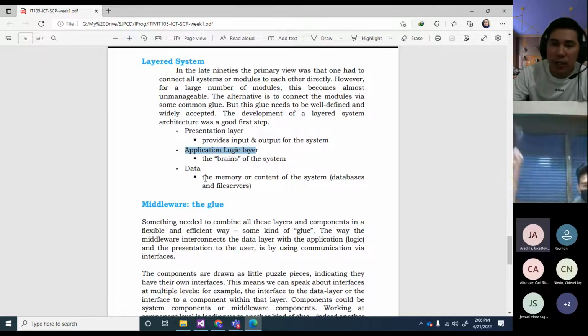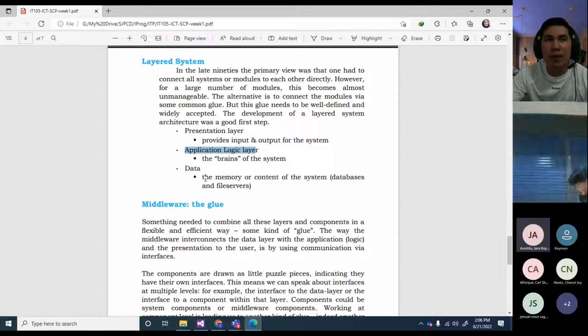And of course, we all know what data is. Data are the raw facts. Usually these are stored in databases or flat files, maybe tab separated values, comma separated values, JSON files, or any other storage capability, but most likely a database.